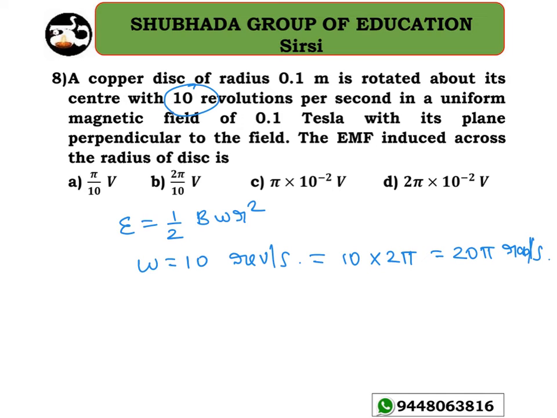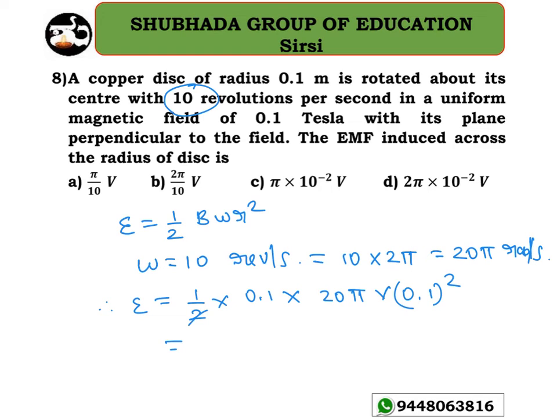Okay, radians per second. If I substitute that here, what will I get? Induced EMF E equal to 1 by 2 times the magnetic field, 0.1 Tesla, into omega, which is 20 pi, into R square, which is 0.1 square. Just give a try to solve this problem now.